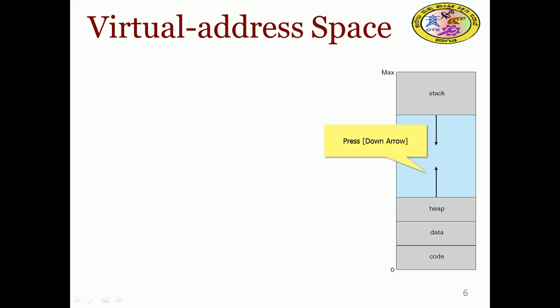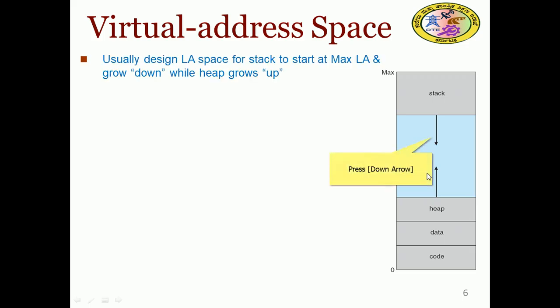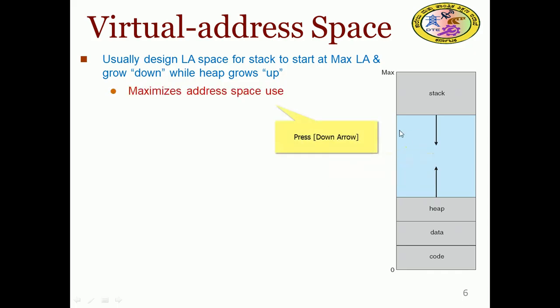In between, a hole, that is free space, is created. Usually we design the logical address space for the stack to start at the maximum logical address and grow down while the heap grows up, to maximize the address space use.